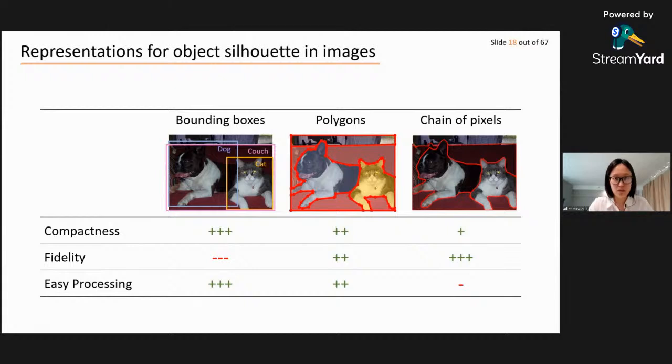Low-budget bounding boxes are the most compact representation, but they ignore shape details. Chains of pixels describe well the individual shapes, but ambiguity might exist around fuzzy boundaries. In this work, we focus on representing object silhouettes with polygons as a good compromise between the two.